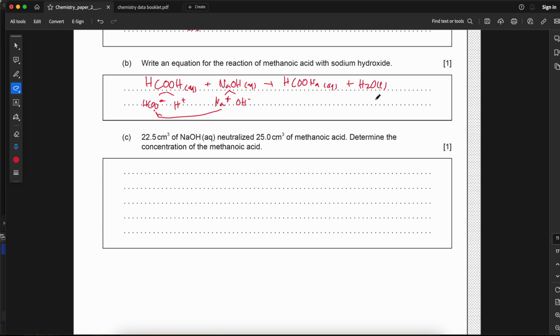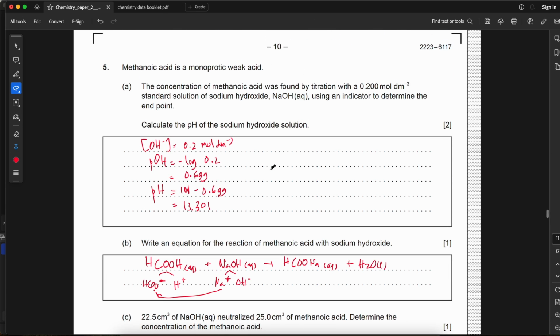22.5 centimeter cube of NaOH neutralize 25 centimeter cube of methanoic acid. Determine the concentration of the methanoic acid. So the concentration of acid will be the volume of NaOH divided by volume of methanoic acid that is used, times concentration of NaOH from this.